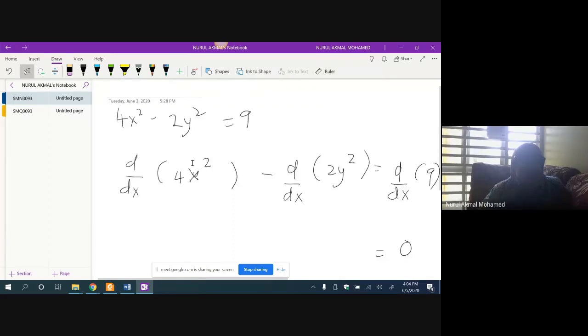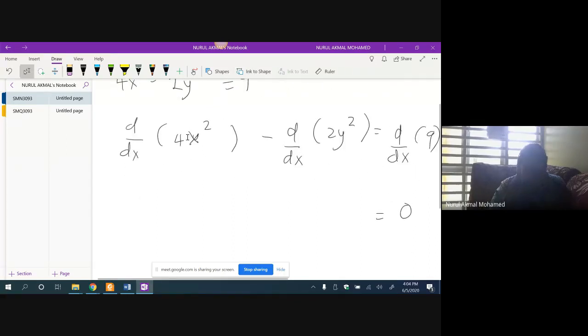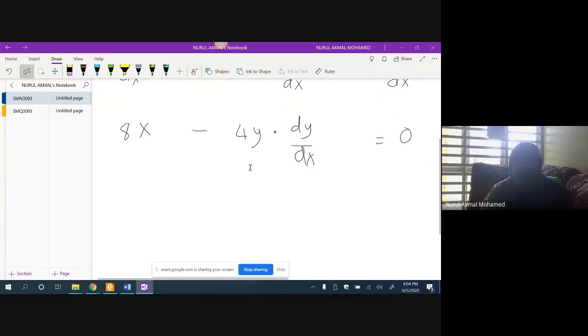For this one, with respect to x, it will give you 8x. But for this one, it will be 4y, and then you write down dy dx. So the final answer will be when you make dy dx the subject.